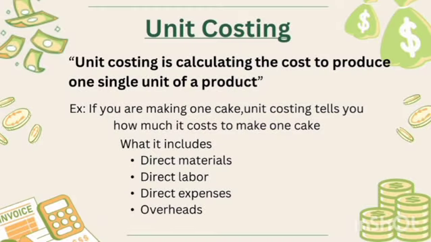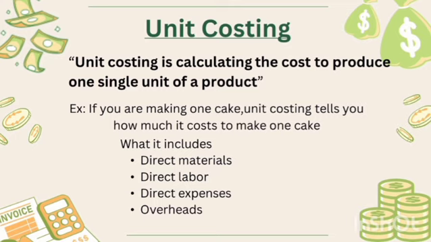I'm going to talk about unit costing. Unit costing is a method used to calculate the cost of producing one single unit of a product. It means if a company produces one item, unit costing helps to find out exactly how much it costs to make that one item.